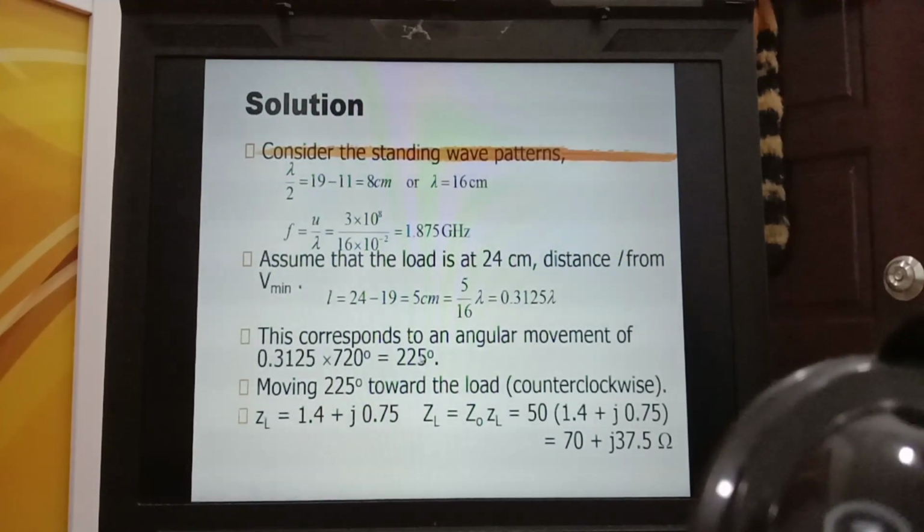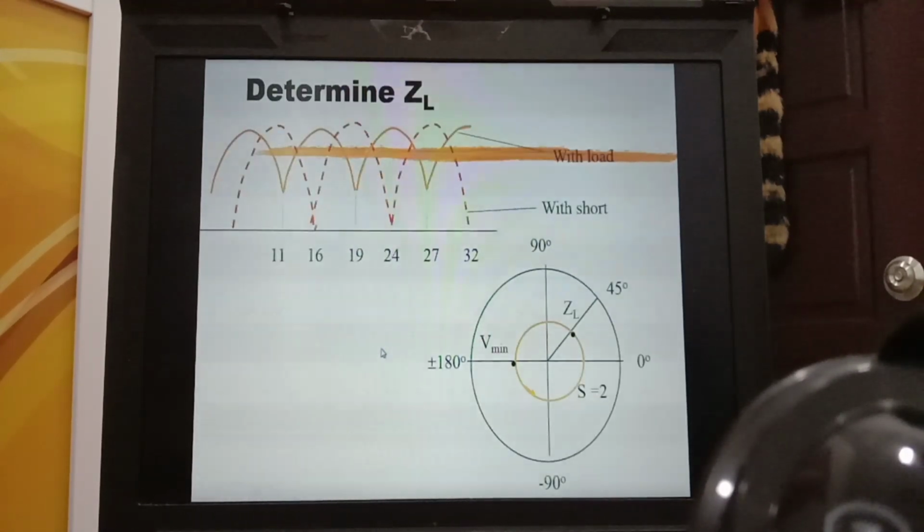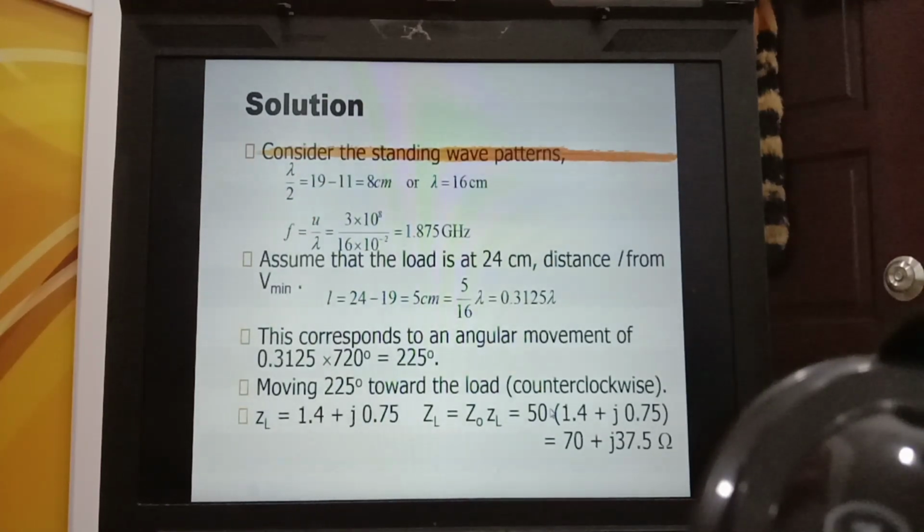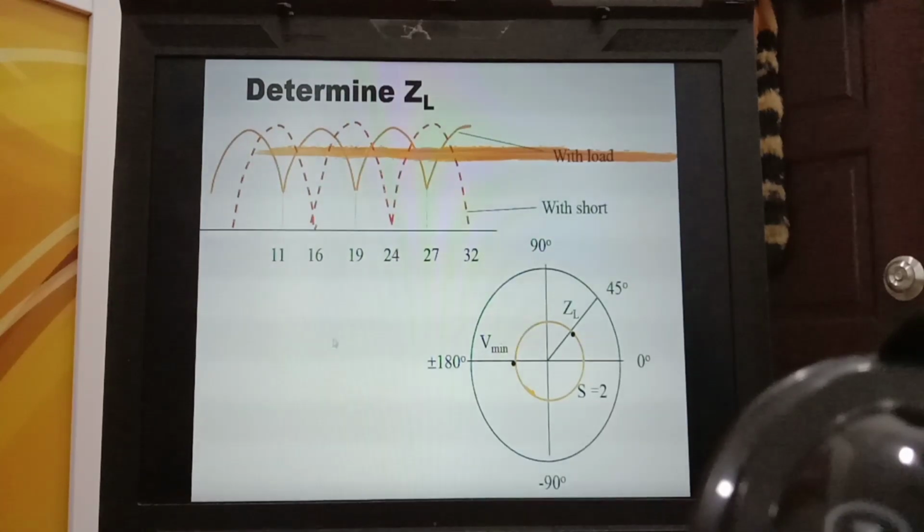So what it means is that on the Smith chart, starting from the location of minimum voltage, we need to turn 225 degrees counterclockwise. From this point, 225 degrees counterclockwise, we will end at this point, which is 45 degrees.